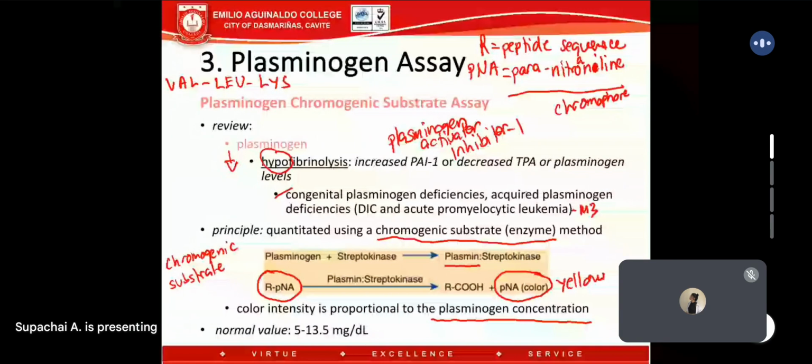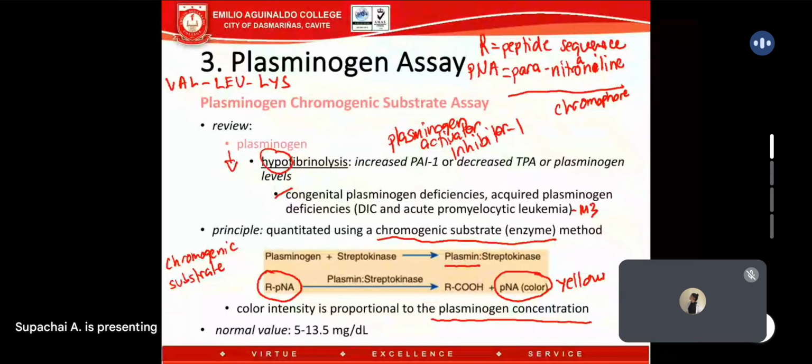So during hypofibrinolysis, there would be an increase in PAI-1 or decreased TPA or plasminogen level. Hypofibrinolysis can be seen in conditions such as congenital plasminogen deficiencies, acquired plasminogen deficiencies such as DIC, and acute promyelocytic leukemia. If you remember during your HEMA 1, acute promyelocytic leukemia is also known as M3.